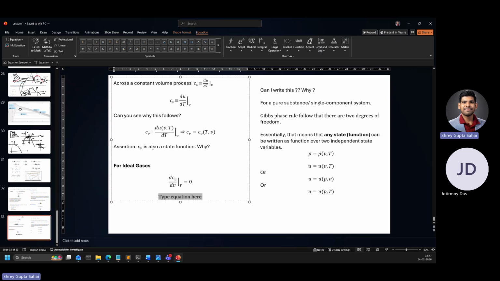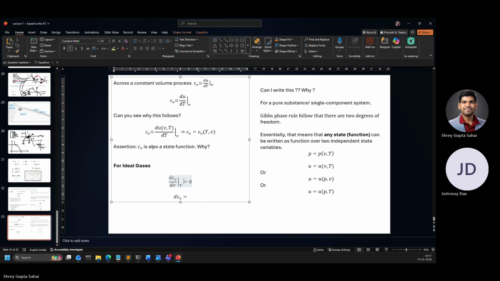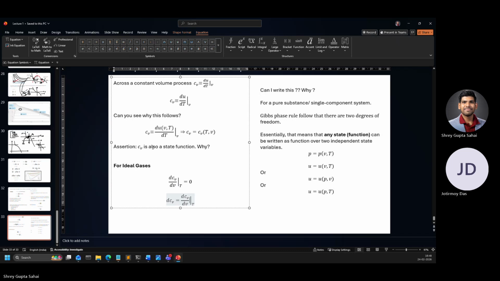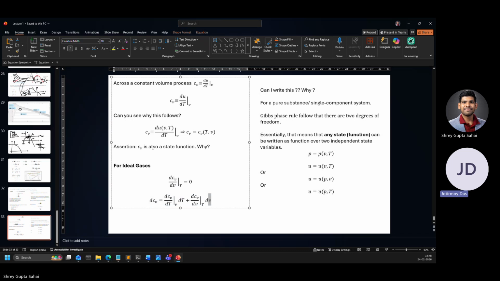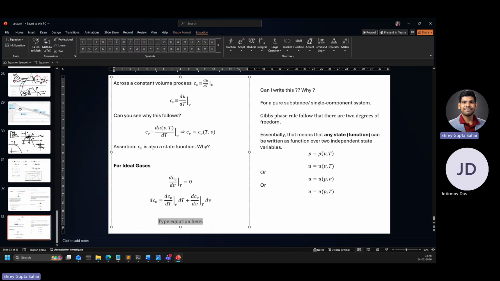Generally, you can write things like dCV is equal to the following. Are you comfortable with this equation? Is it digestible? What have I essentially written? I have essentially written this thing.